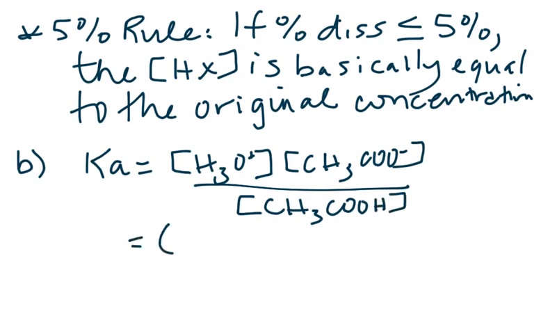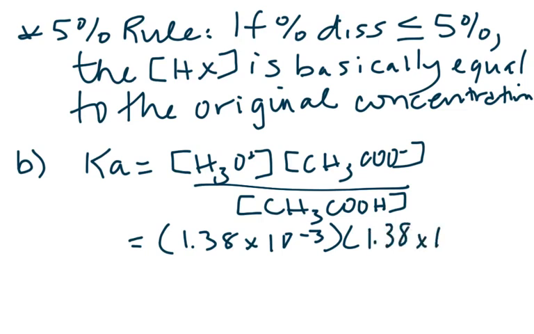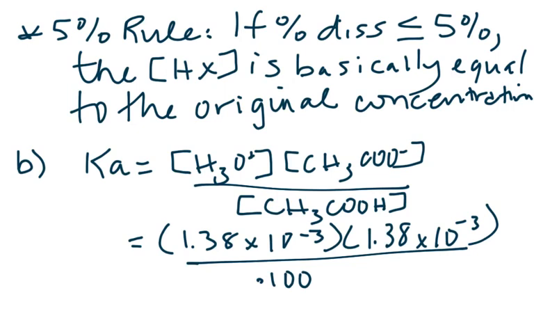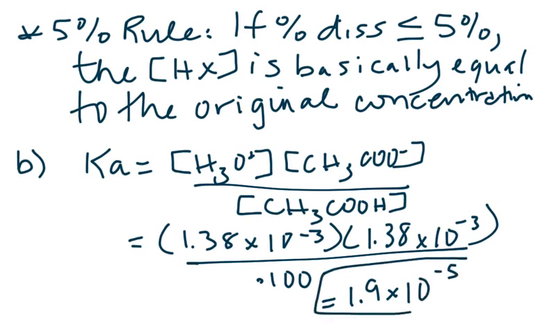So we stick the numbers in, and we know CH3COO minus is the same because it's a 1-to-1 ratio. And we divide by the original concentration of 0.1, and you get a final answer of 1.9 times 10 to the negative 5. Now remember, just like Keq, Ka does not have any units. And that's how you do sample problem 1.